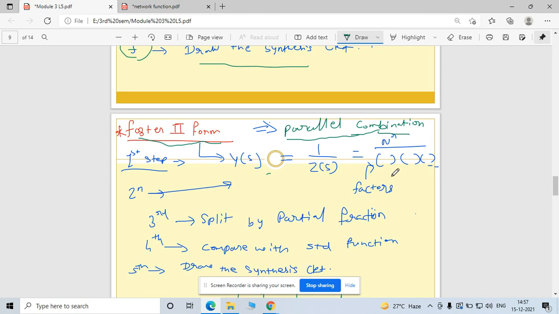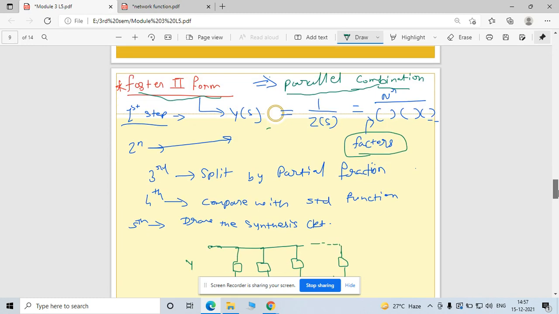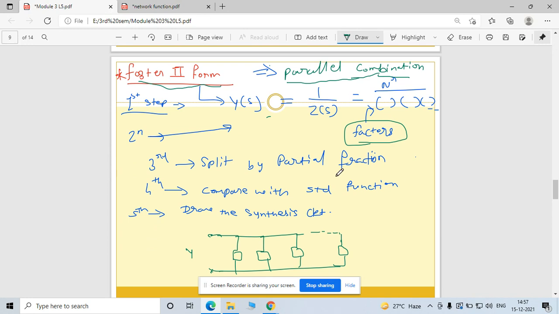In the same way you have to arrange your function in such a format that your denominator contains factor terms. Third, you have to split this function by the partial fraction method, by which it is easy to synthesize your problem, right?